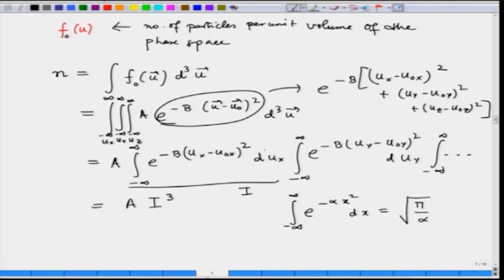If you substitute this over here, this will simply be equal to root over pi by b. So finally that will be (pi by b) to the 3 by 2.